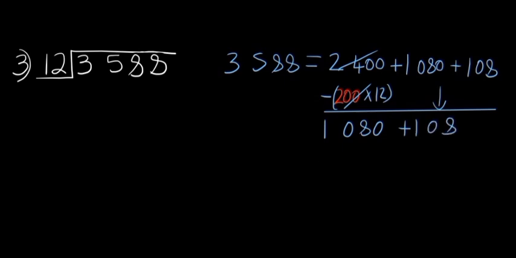Now we're going to subtract 90 groups of 12, which is 1,080. So 1,080 and 1,080 will cancel.